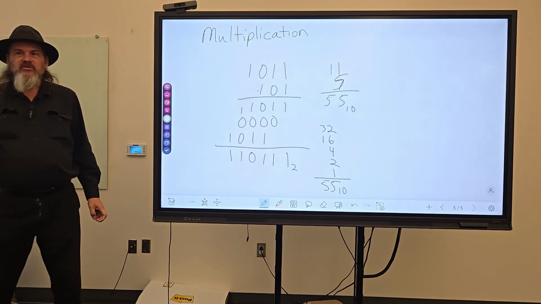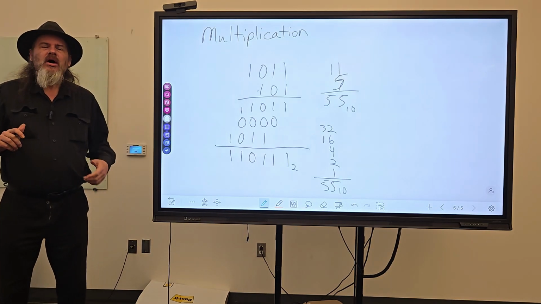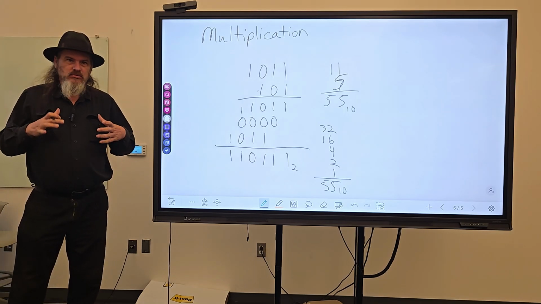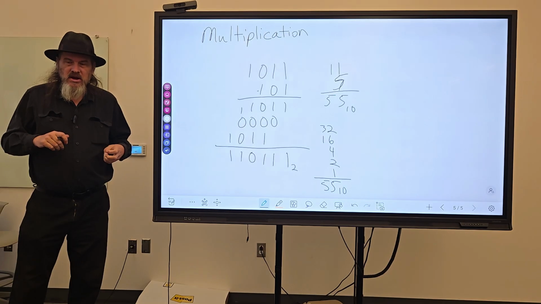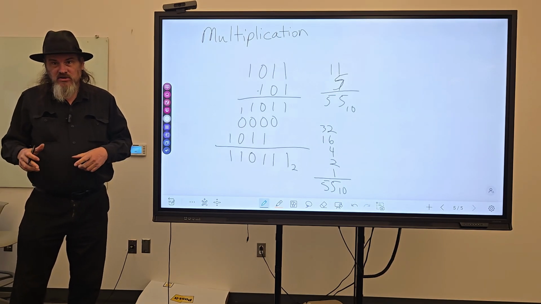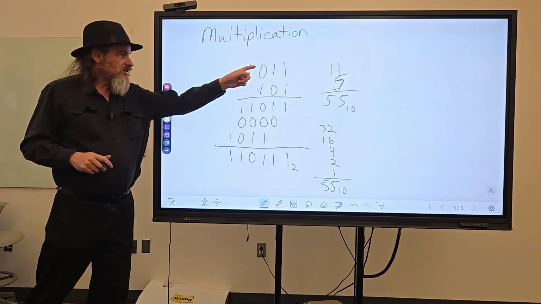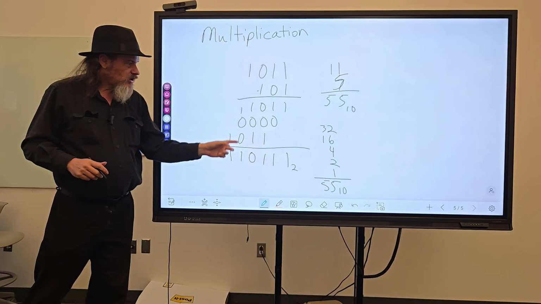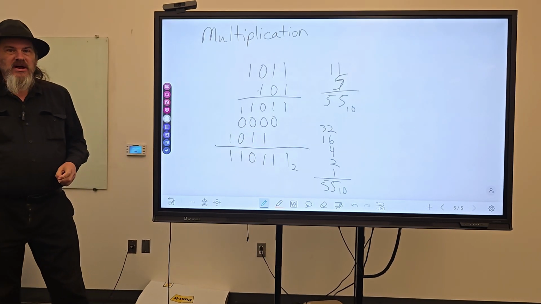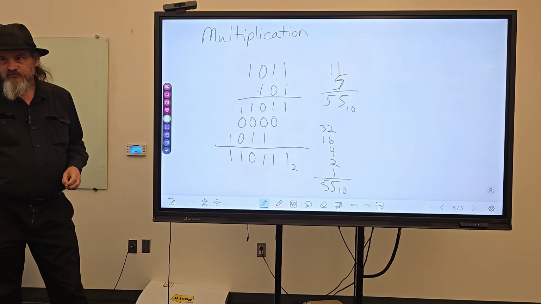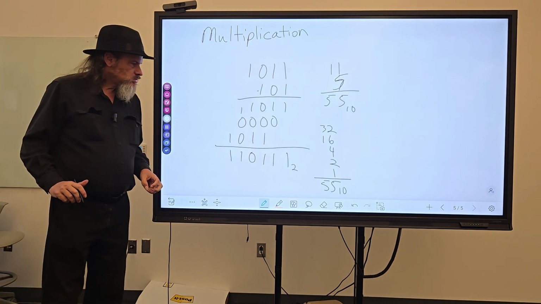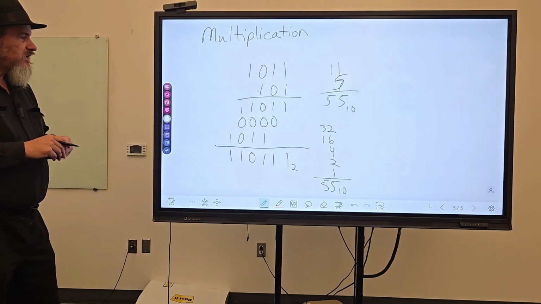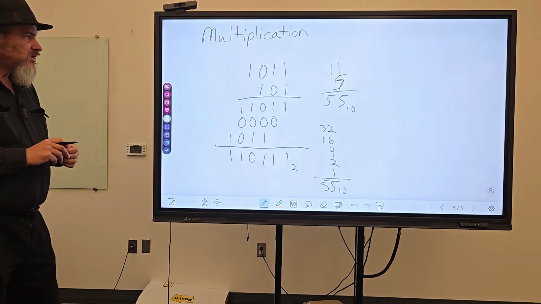I don't know if anybody's ever expressed this to you: anything that can be done in software can be done in hardware. And if it's done in hardware, it's done faster. So rather than having a loop in software adding these together, you can have a hardware multiplier multiplying it out much faster. So that's how multiplication works in binary.